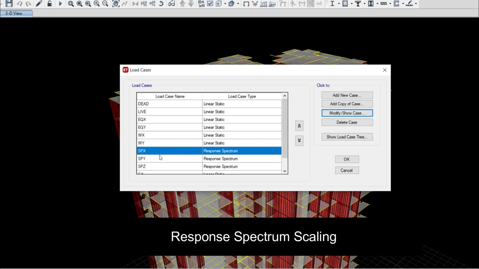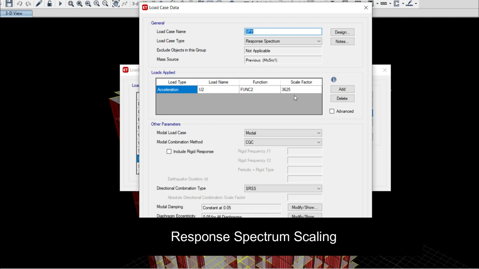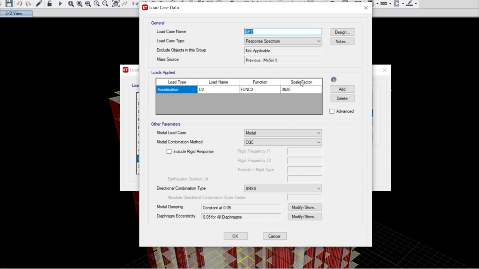In the Y direction, again to match the base shear, it is 3625. And see, Z I by 2R: Z was accommodated in the response spectrum definition, and I by 2R into G is here, and again it is scaled up.